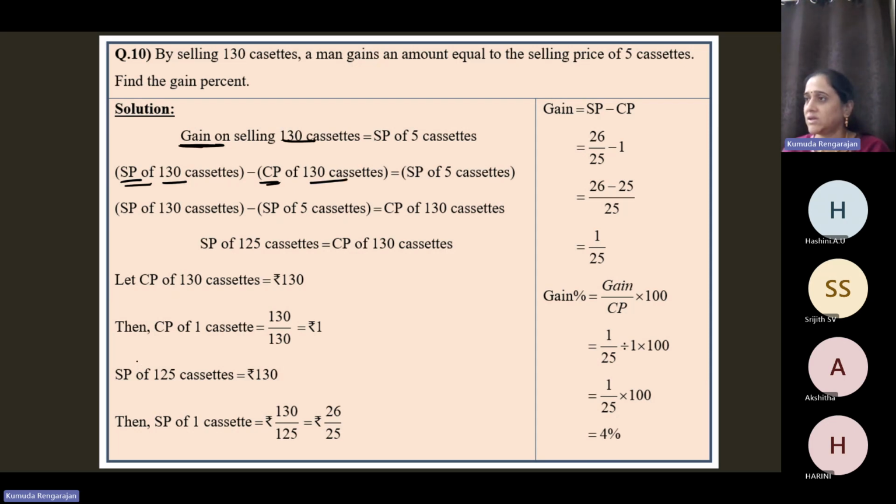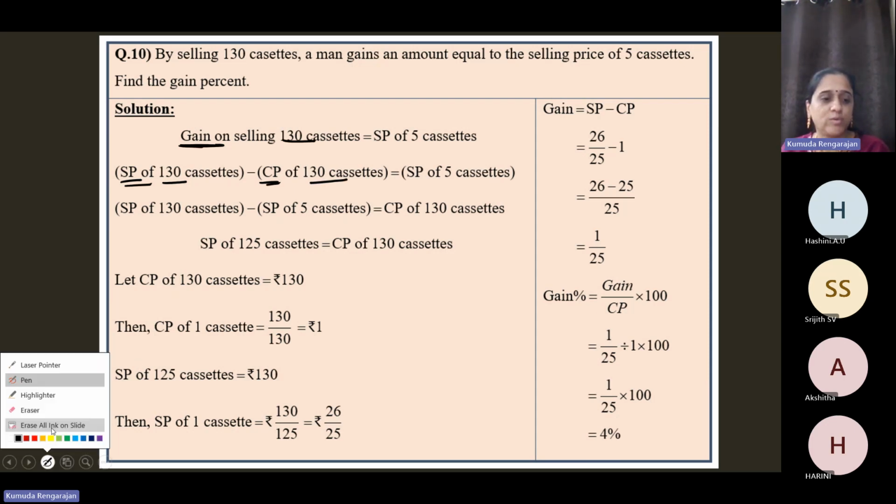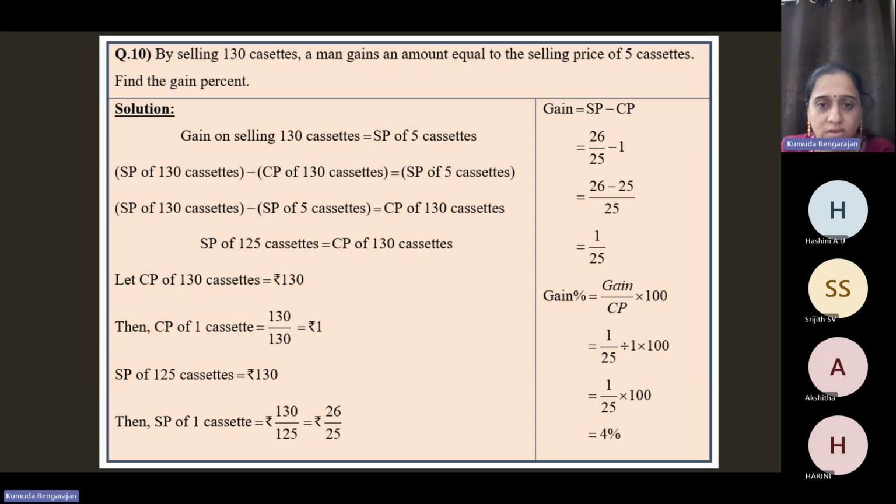You understand how to write this? Now you transpose. Bring this SP here and bring the CP here. So you get SP of 125 cassettes is equal to CP of 130 cassettes. Then you know the procedure. Then it's a usual procedure. You should be able to understand when you work out.